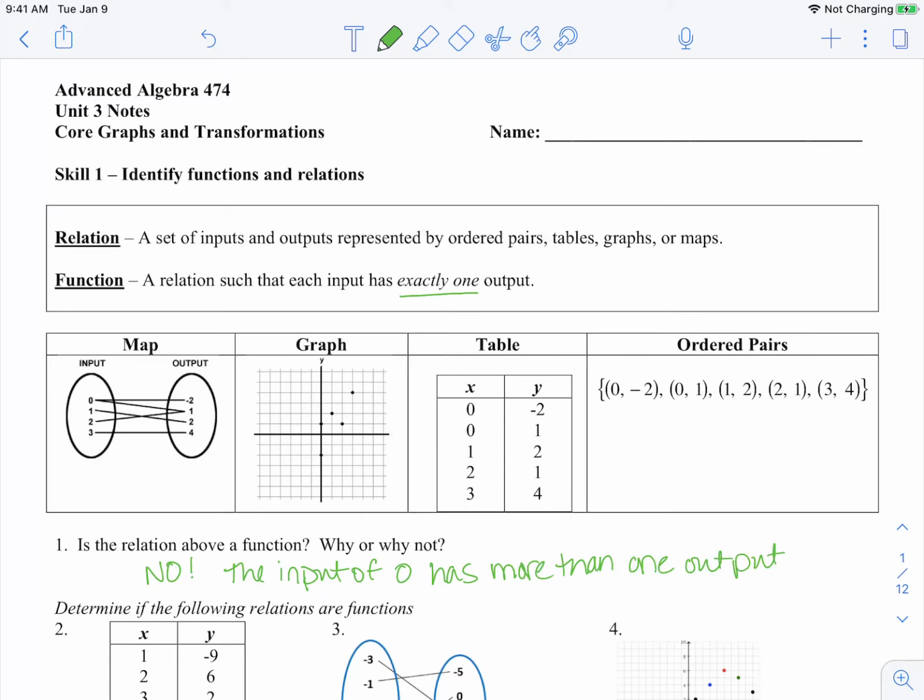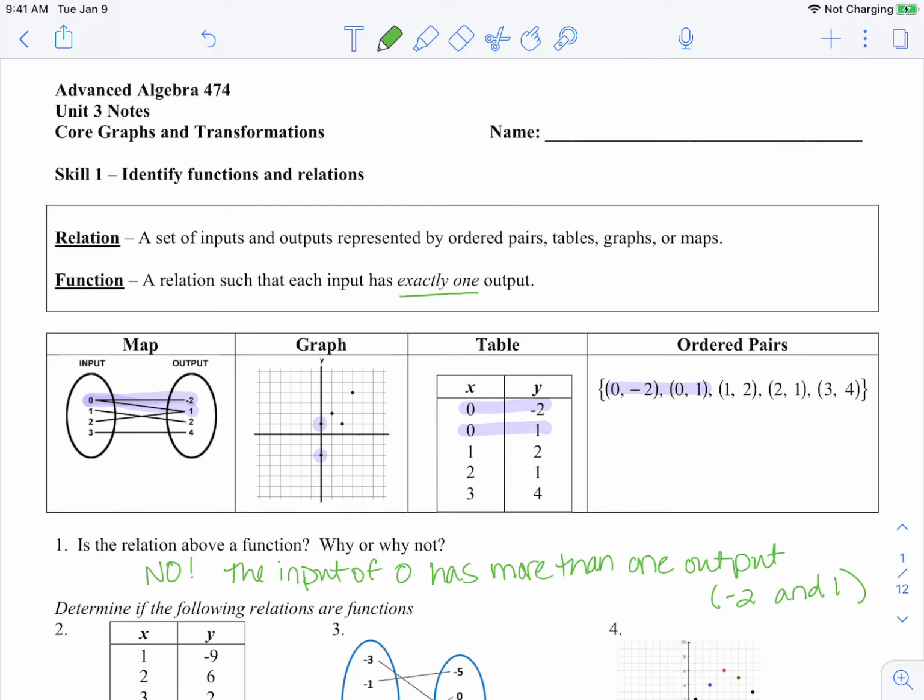We see that 0 has an output of -2 and of 1. And so I'll highlight these for you. You can see here 0 goes to -2 and to 1. We see here it goes with -2 and 1. We see in the table we have 2 listings of 0, and same thing with our ordered pairs.